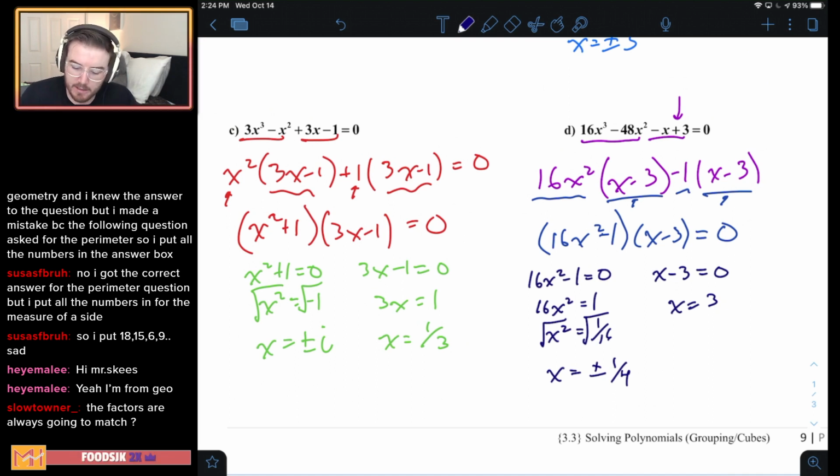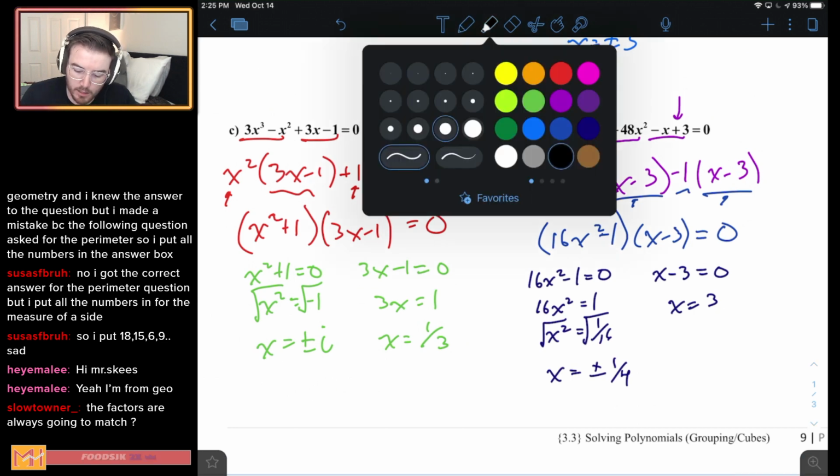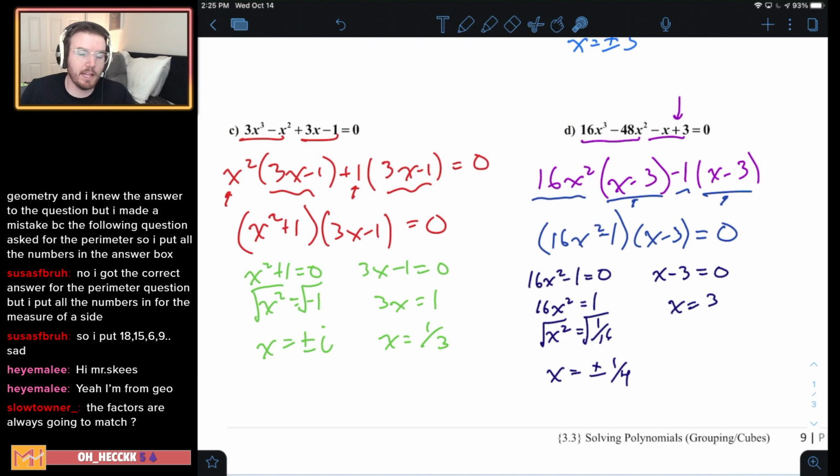That is the point. Yes, indeed, Slow Towner. If they don't match, well, if they don't match, one of two things is true. Either this method of factoring doesn't work, or two, you've done it wrong. For the sake of the assignment, all of these problems are rigged so that it does work.